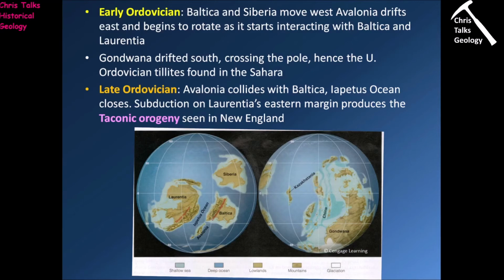The first one is called the Caledonian Mountains, or the Caledonian orogeny, and the second event we're going to have is the Taconic orogeny. And the Taconic orogeny is going to affect the east coast of the United States in particular. The Caledonian orogeny is mostly focused in the rocks of east and northeastern Canada, Greenland and northern Europe.